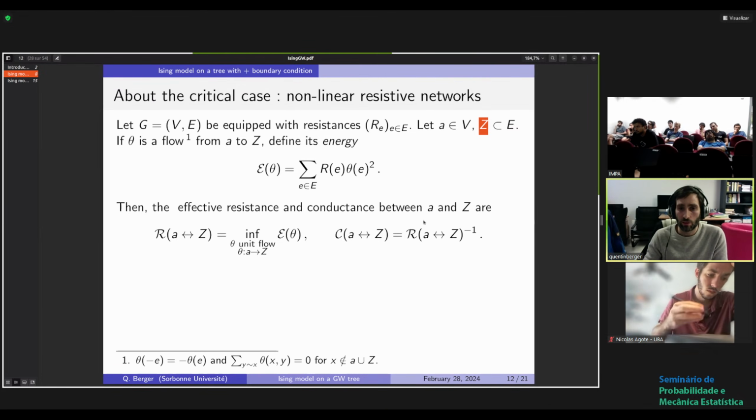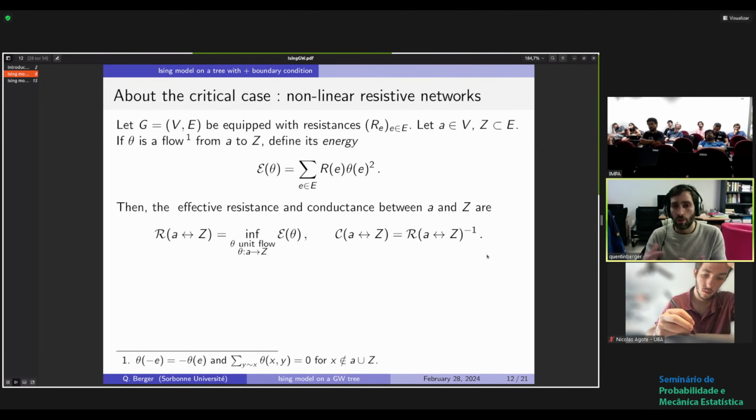The effective resistance is the infimum of the energy of a flow, where the infimum is taken over all unit flows. Unit means that the outgoing flow from A is positive and sums to 1. And the effective conductance is the inverse of the resistance.